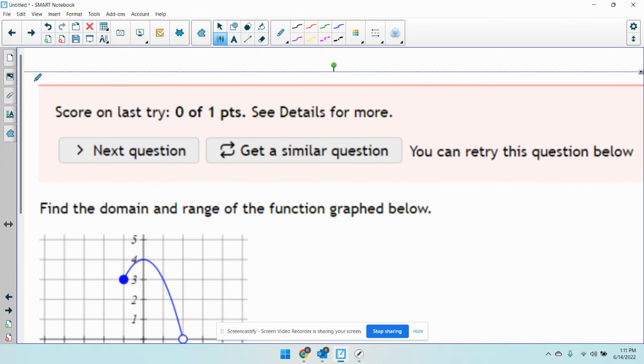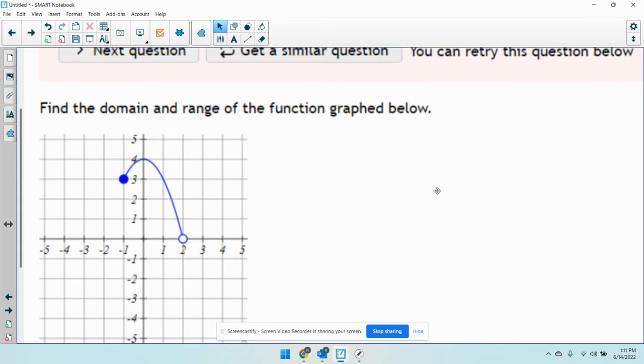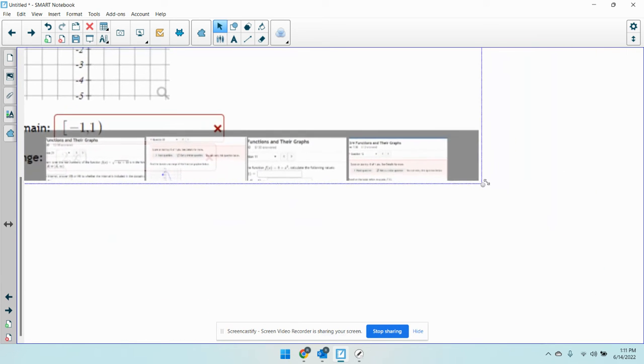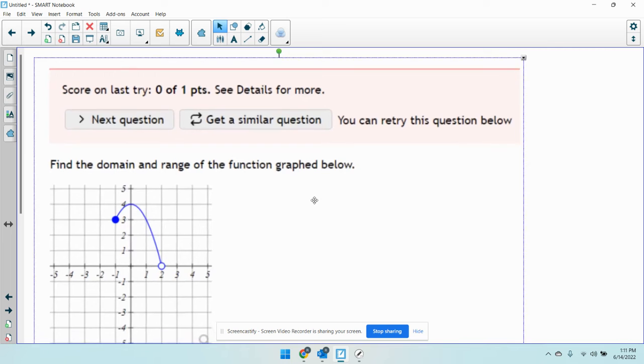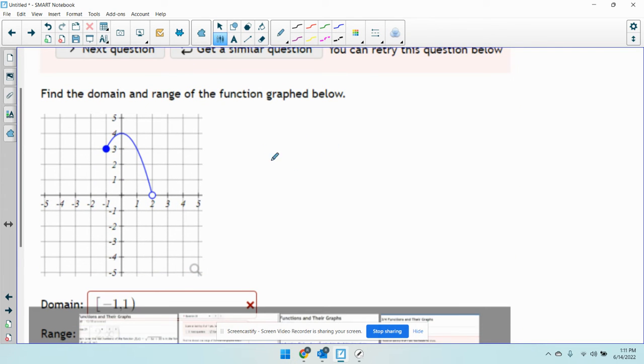Okay. This next one here, let me resize it. It says find the domain and the range of this function. The domain is just all x values. So if I'm looking at the domain first, it's the leftmost x value to the rightmost x value.